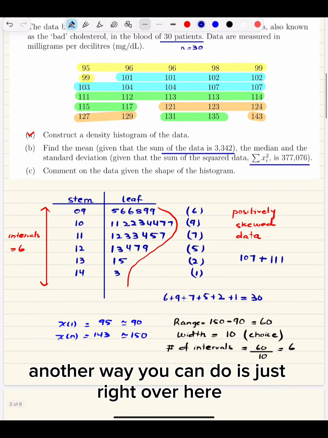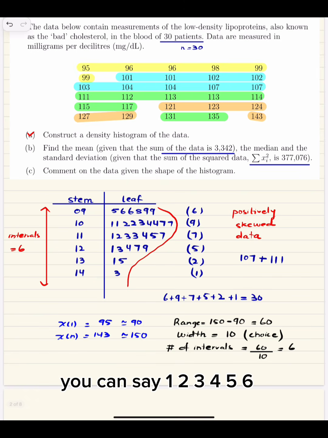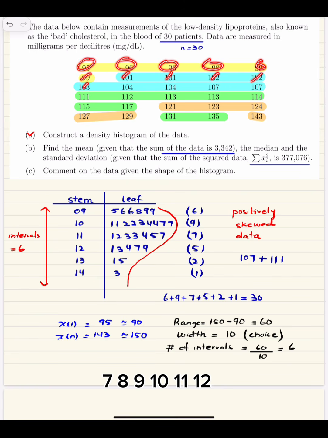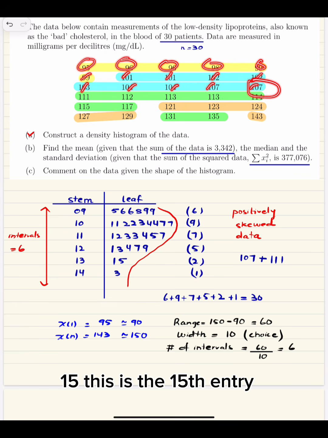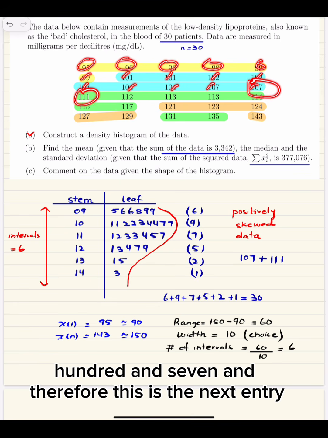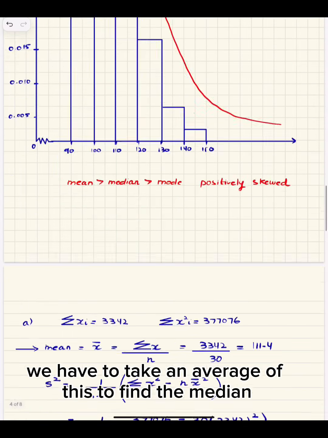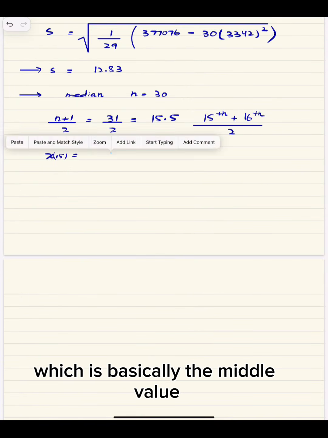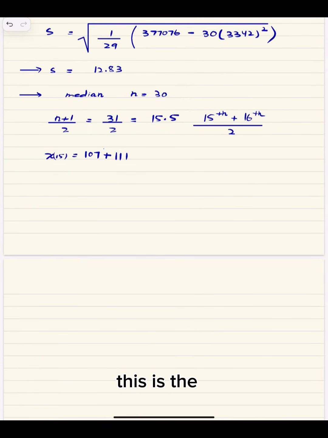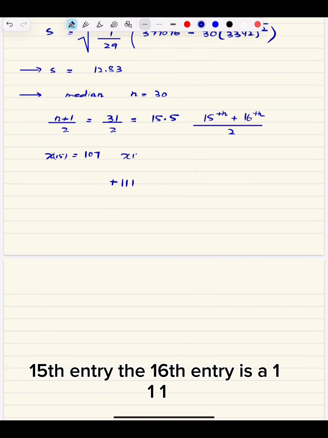Another way you can do is just write over here, 1 2 3 4 5 6 7 8 9 10 11 12 13 14 15. This is the 15th entry, 107, and therefore this is the next entry. So we have to take an average of this to find the median, which is basically the middle value. The 15th entry is 107 and the 16th entry is 111.